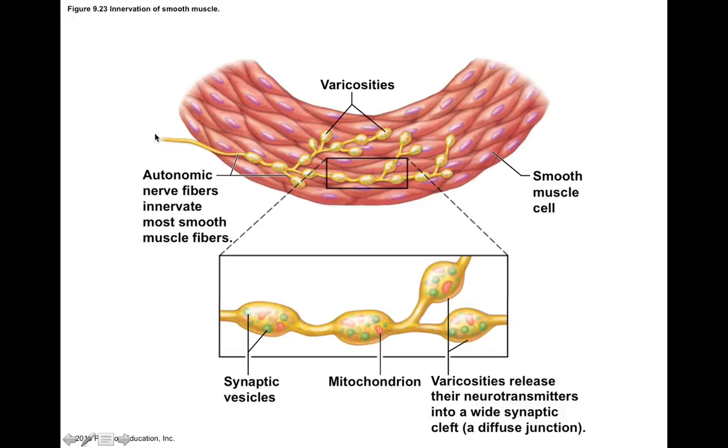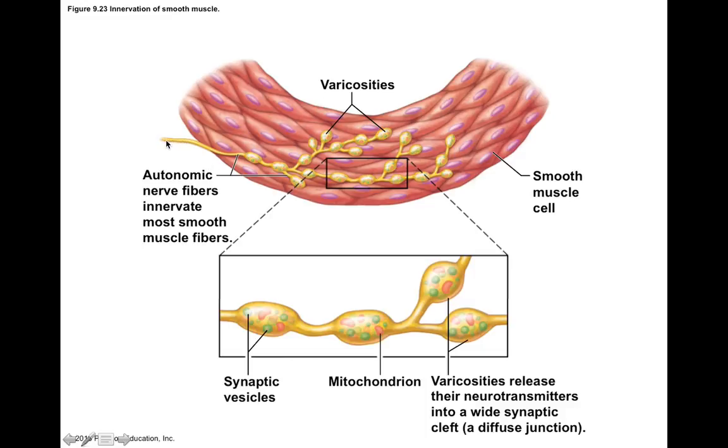So what we find here is our autonomic nerve ending, and you see that at these little blebs, these are the varicosities. Now, these varicosities are full of mitochondria, which can first of all make ATP to power the exocytosis of these neurotransmitter vesicles. And these vesicles then exocytose directly onto the effector muscle here. And this example is showing smooth muscle contraction.